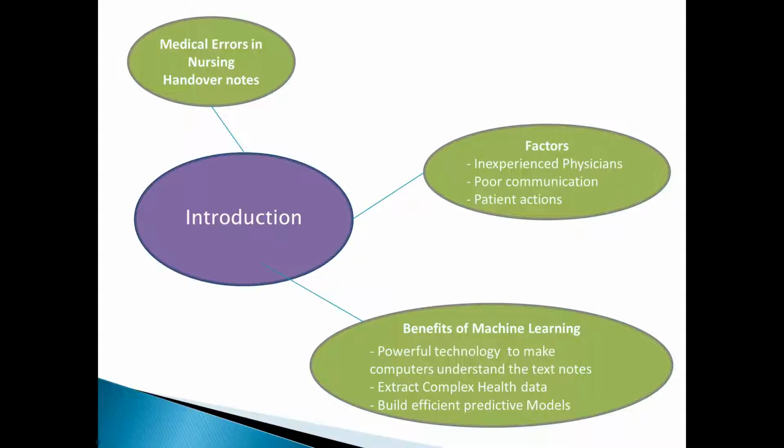What we propose here is a computer-based support system where you write algorithms. These are called machine learning algorithms, and they turned out to be a powerful technology to make the computer understand the meaning within the text notes, extract hidden information, complex data in terms of text snippets within the text notes, and try to build predictive models.